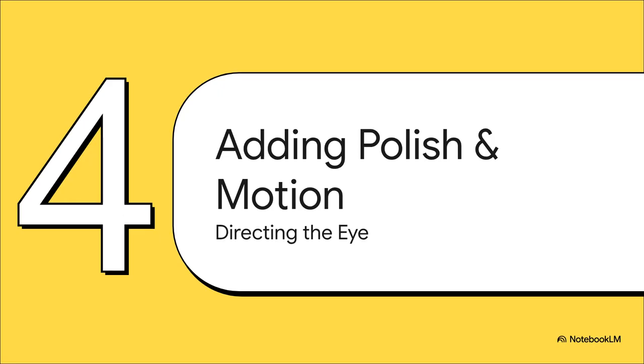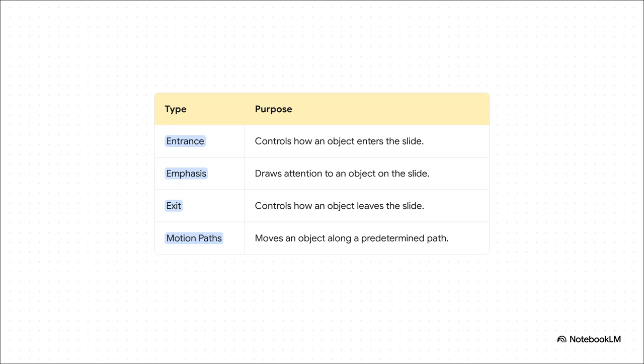So, a great design is, well, it's static. The next level is to add polish and motion, and we're going to use animation and transitions here. But listen, not as decoration. We're going to use them as strategic tools to direct your audience's eye and control the flow of information. So animations control how individual elements on your slide behave.